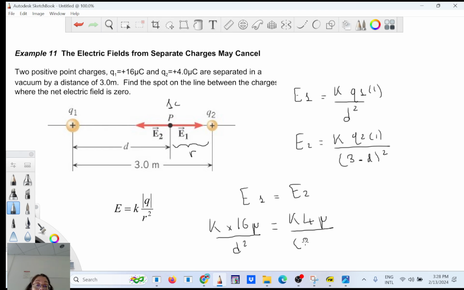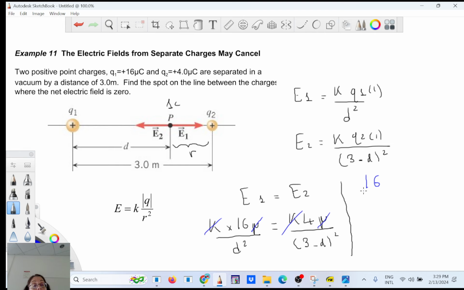Come on, you can do it. This is math, that's not a physics class anymore. You have a K here, K here. What do they want to do? Very good. Go bye-bye. You can do the same thing with the units. So you have a micro here and a micro, so they go bye-bye.